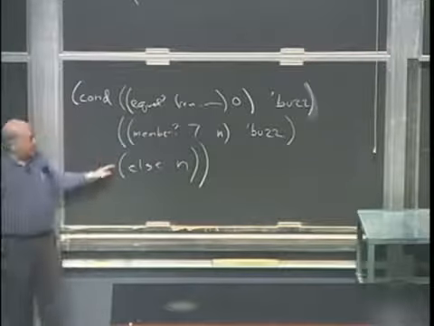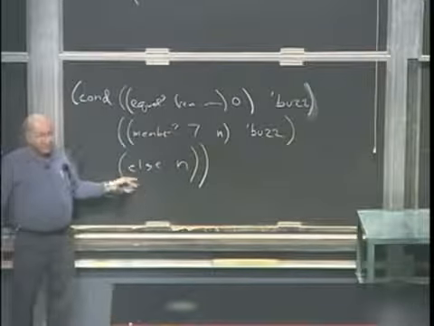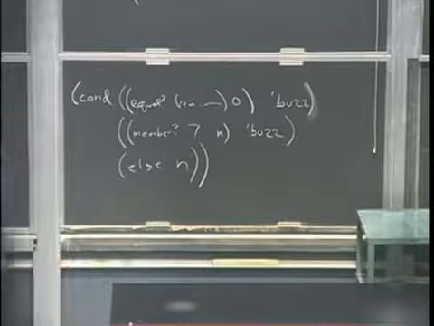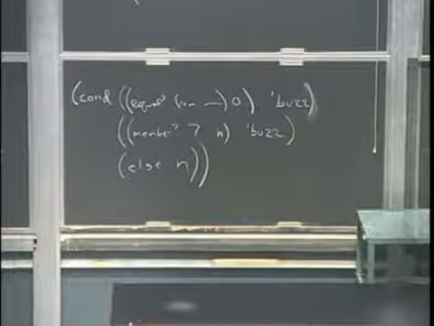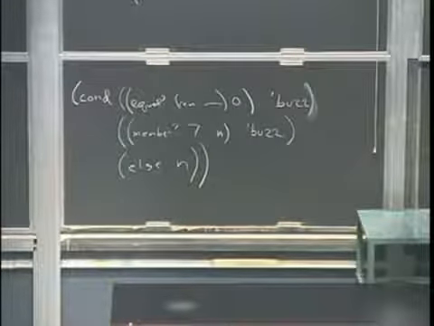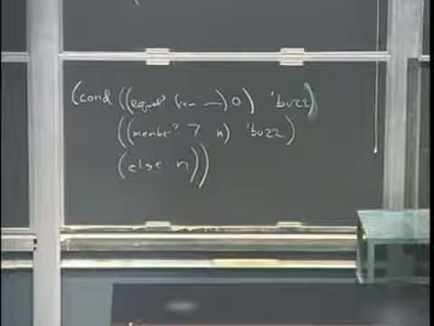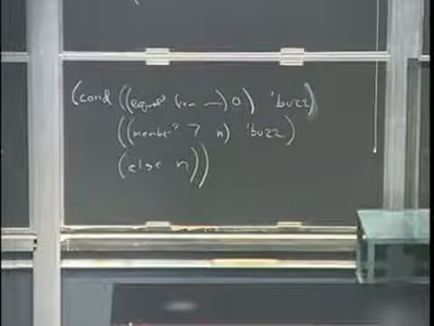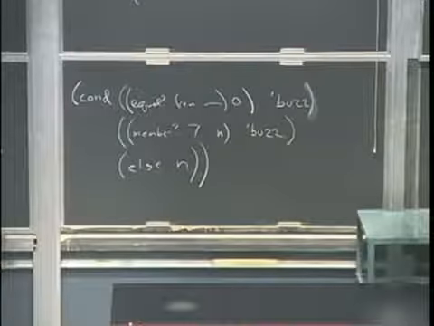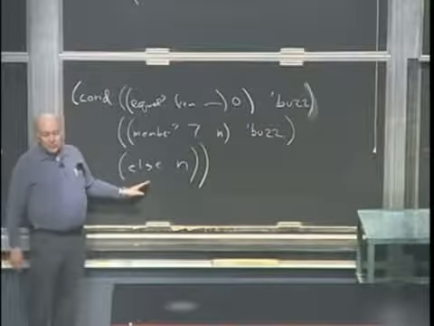And then at the very end, this word else here, maybe I should have drawn that in green also. It's what's called a keyword. It's not the name of a procedure or anything. It only is meaningful inside a cond clause. And basically, you can think of it as meaning true. So it would work perfectly well if they just had a variable named x whose value was true, because this test always succeeds.